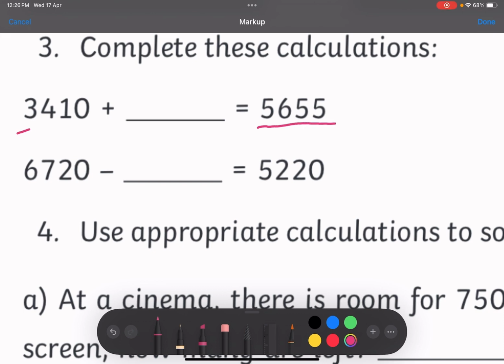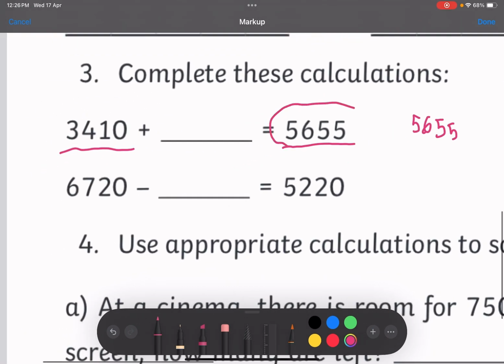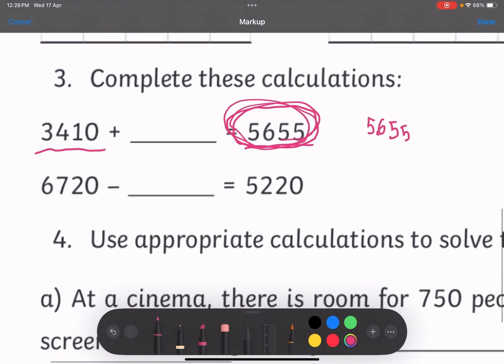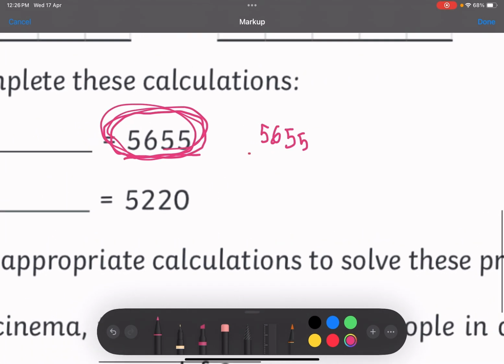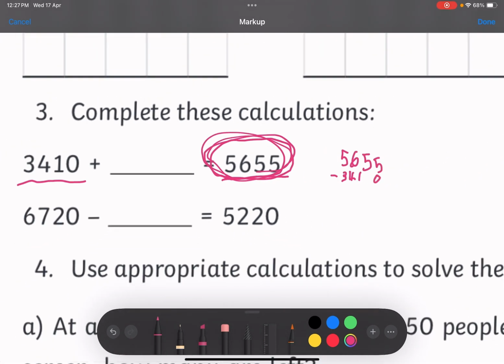So 5,655 take away 3,410. The big number has to be first. Then we have 3,410.